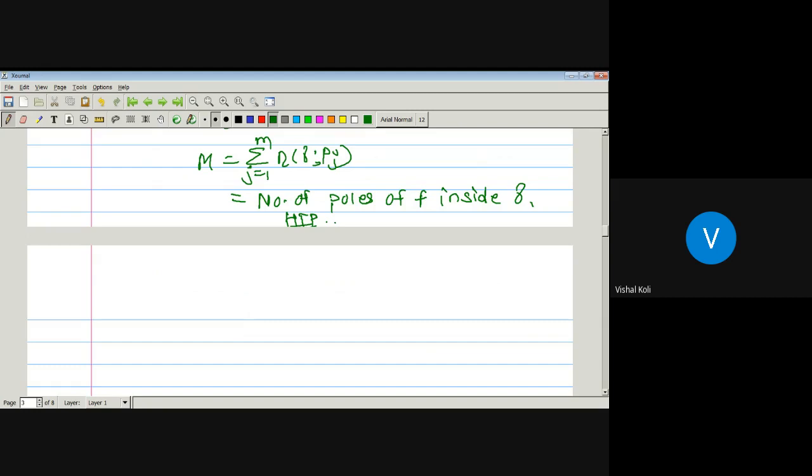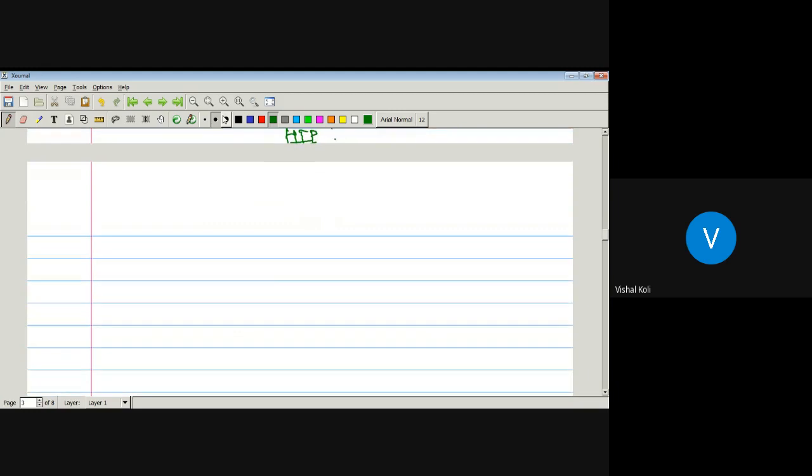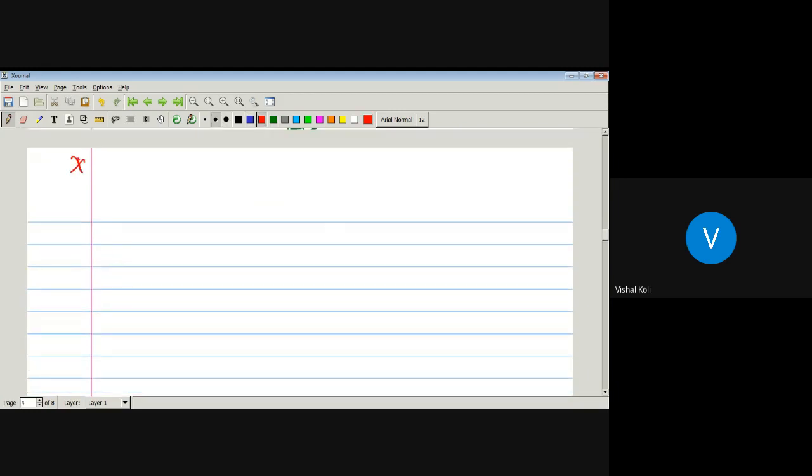Now there is one more concept, which is nothing but Rouché's theorem. Let us see what that is. Rouché's theorem.